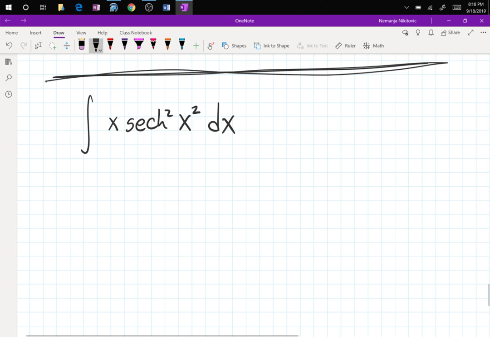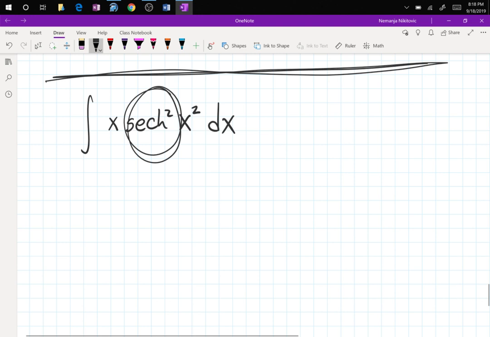So when you look at the integral, the trick is always to look for a function-derivative pair. The function part of that pair will be your u sub. What I see here is a single hyperbolic function, not linked to anything else.